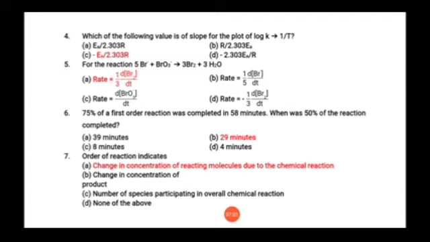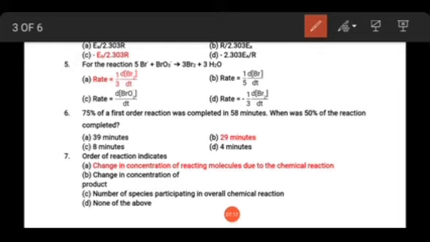So students, for this you must know the Arrhenius equation, because if you know it, you can probably find the answer. So I am writing here the Arrhenius equation. We know that log K is equal to minus Ea upon RT, in bracket 1 upon T1 minus 1 upon T2.